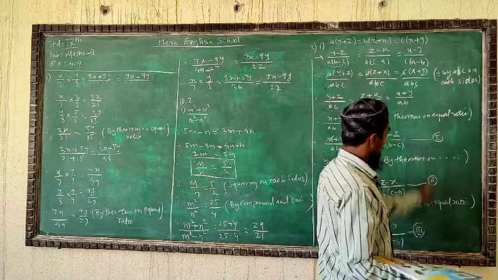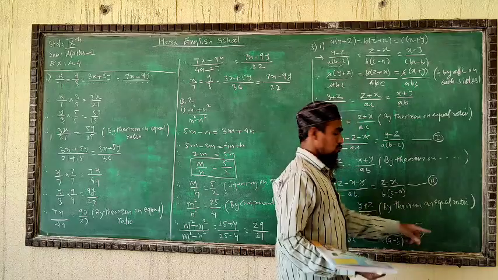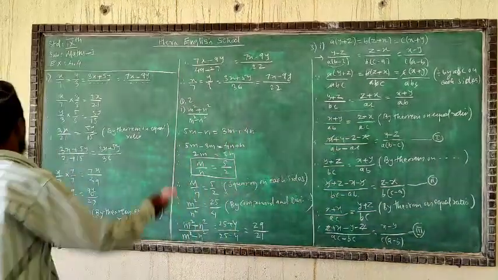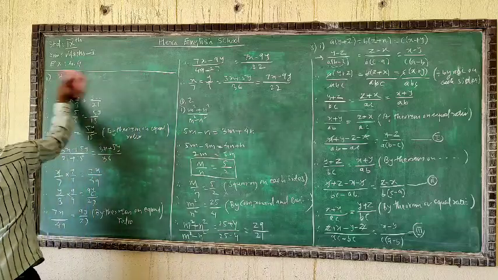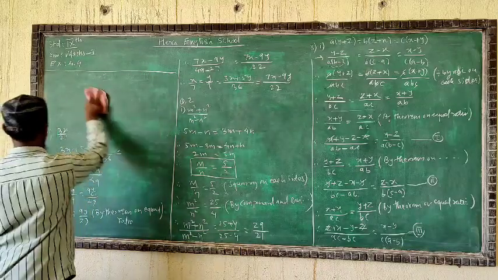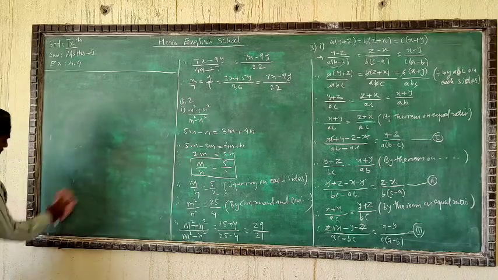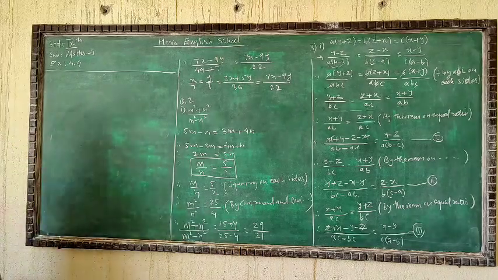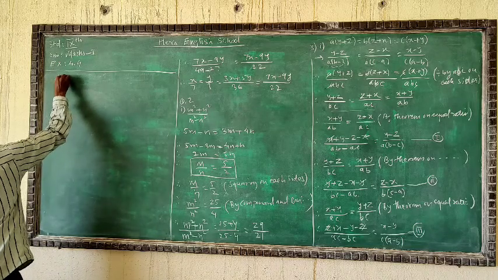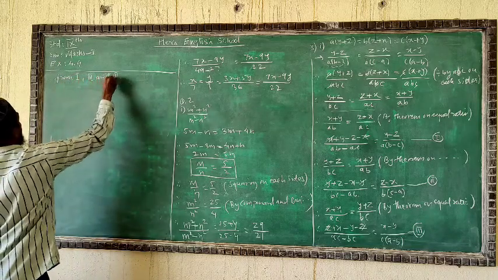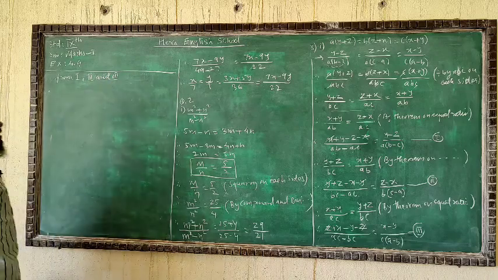From 1, 2, 3 we can write directly. What we have to prove?